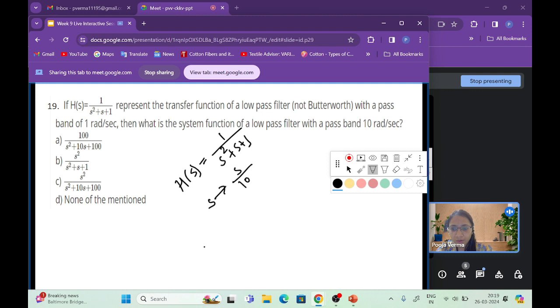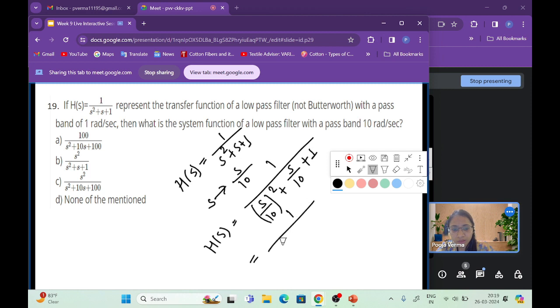By putting this, we will get the pass band at 10 radian per second, that is 1 divided by s by 10 whole square plus s by 10 plus 1. So s square divided by 100 plus s by 10 plus 1.